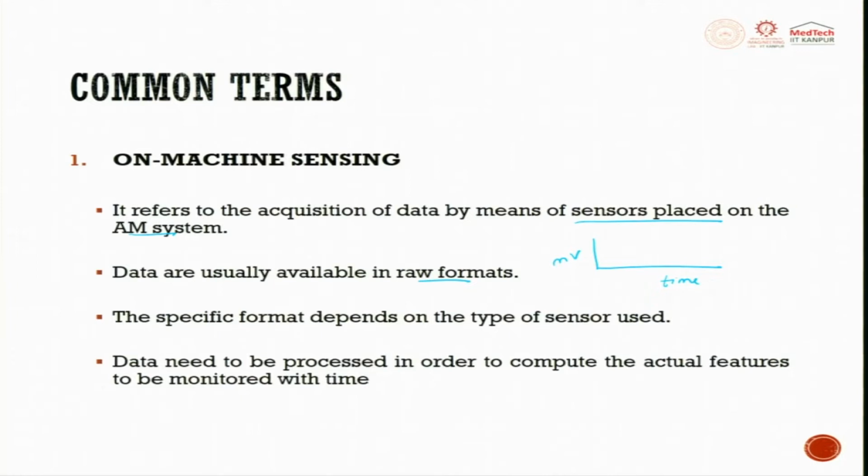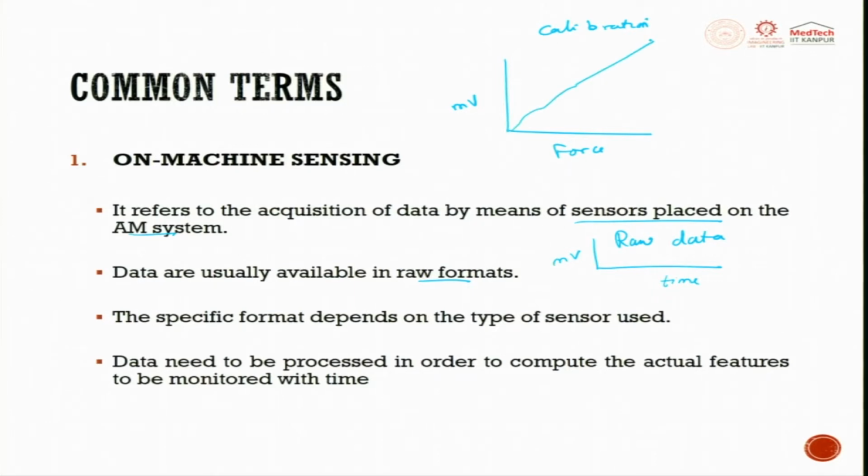So, now this is the raw data. From this raw data, you would have done a calibration which relates force and millivolt. So, maybe you will have a response like this.